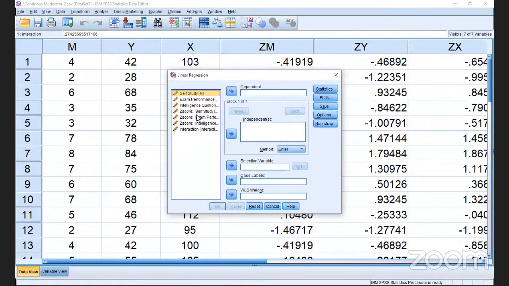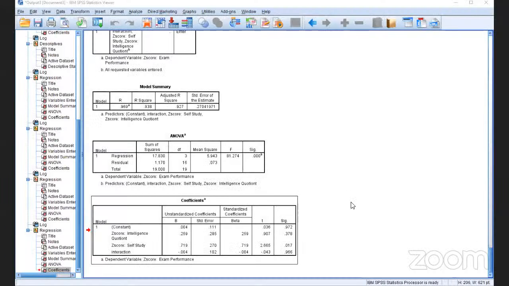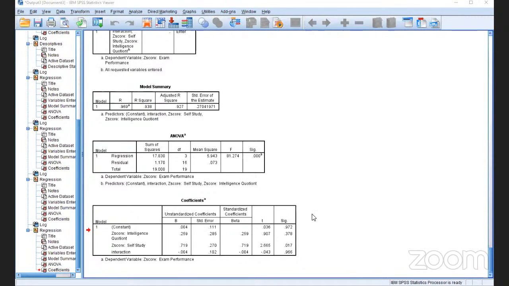Exam performance is the dependent variable. IQ, self study, and interaction are the independent variables. Then continue. After continue, we can see the output. I am showing you the output. This is my output.